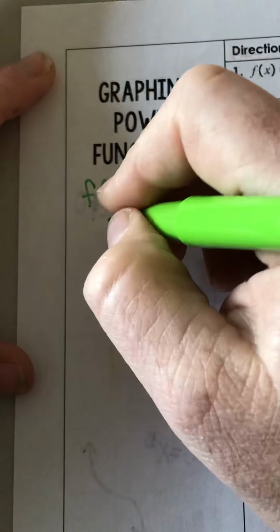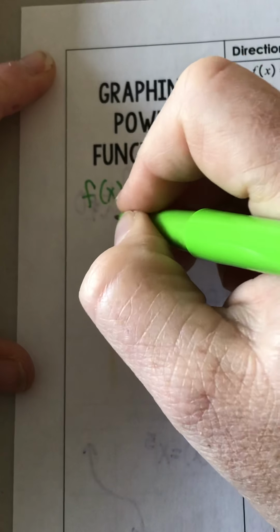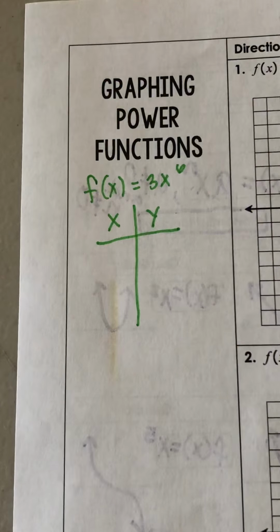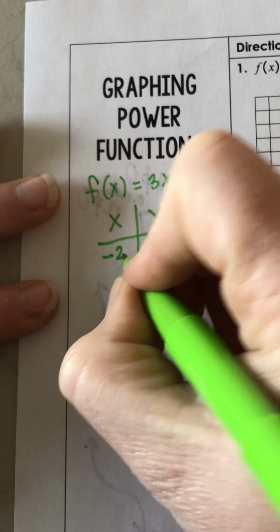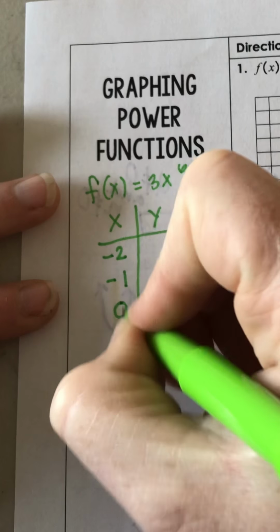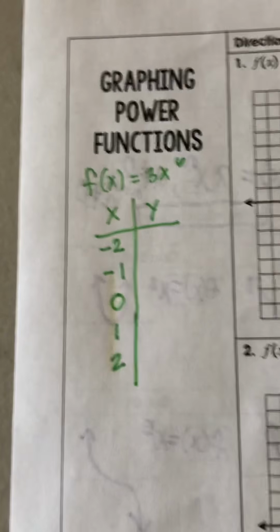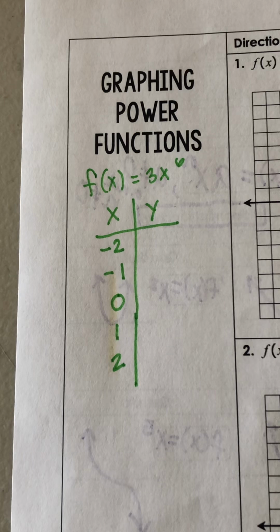Okay, and so x, y, and if I use -2, -1, 0, 1, 2, that will be a good amount of points to plug in and see what happens. All right.